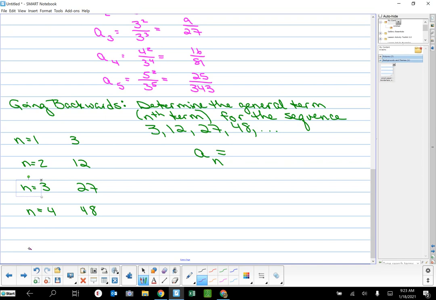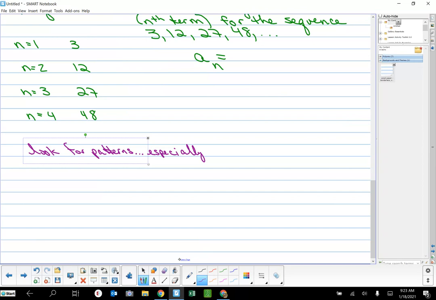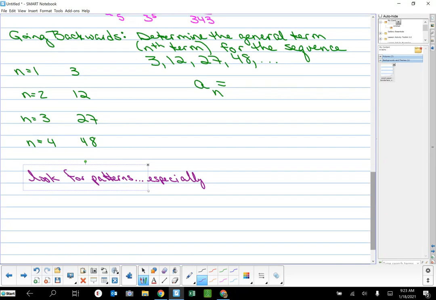So you're looking for patterns, especially multiplication, like multiples of a number, or powers, like 2 to the first, 2 to the second, 2 to the third, that kind of thing.